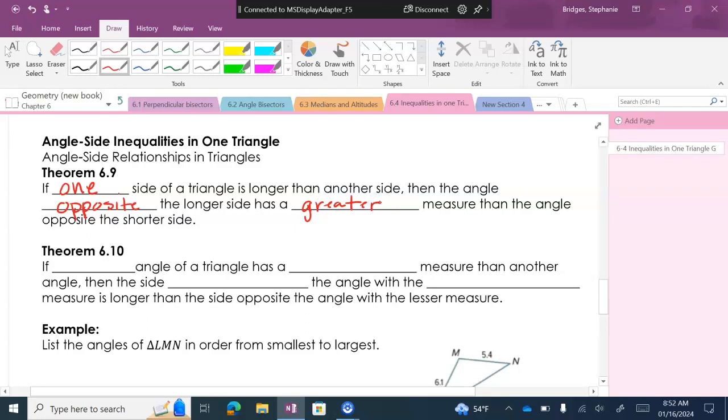Let me show you what I mean. So if one side of a triangle is longer than another side, the angle opposite the longer side is going to be larger than the angle opposite the shorter side.